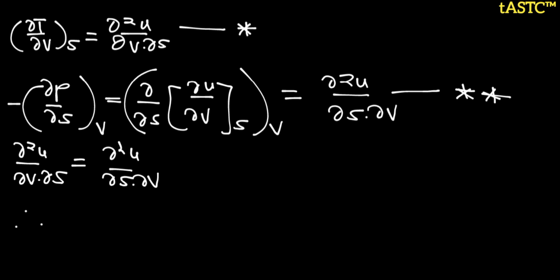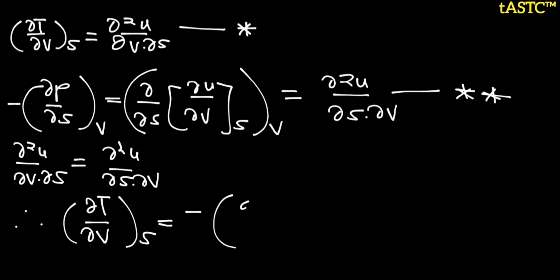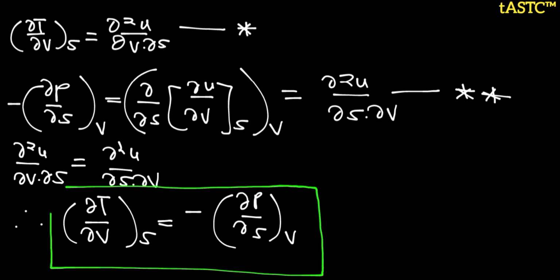Therefore, we have that dT dV at constant S is equal to negative dP dS at constant V. So this will be the first Maxwell's relation. Now let us try to find out the other ones.